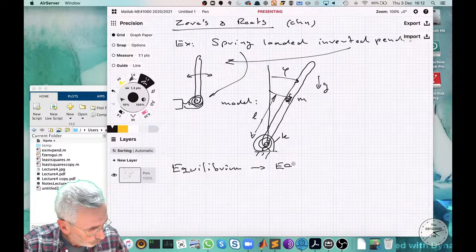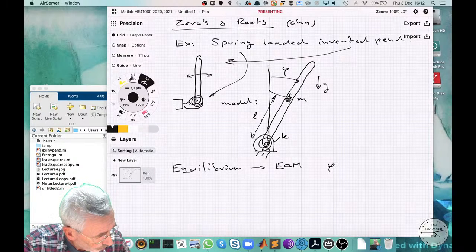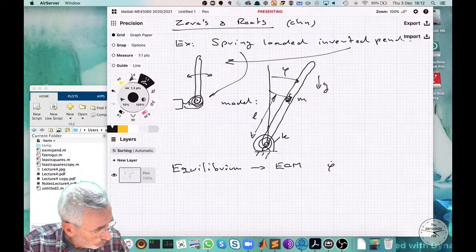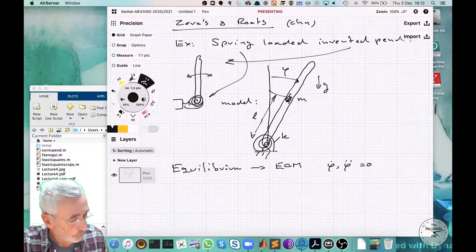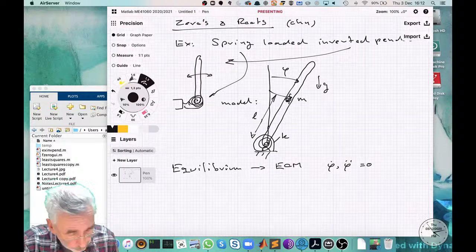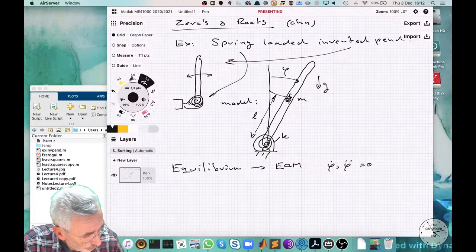And then assuming that all time derivatives are zero. So that's saying phi dot and phi double dot are all zero. And then we can find the equilibrium. So how do we find the equation of motion?